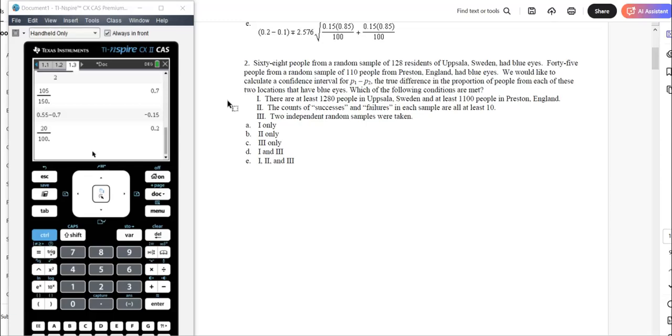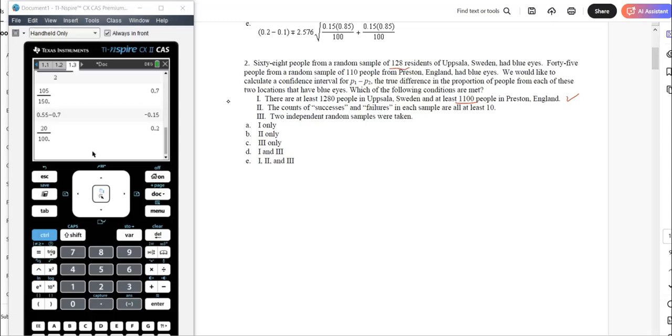For this one, there are at least 1,280 people in Uppsala, Sweden, and at least 1,100 people in Preston, England. That seems like it's met, right?